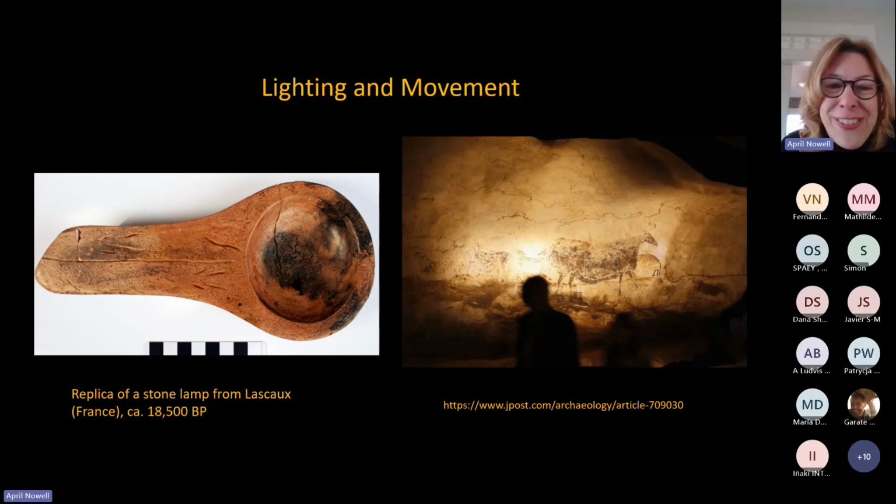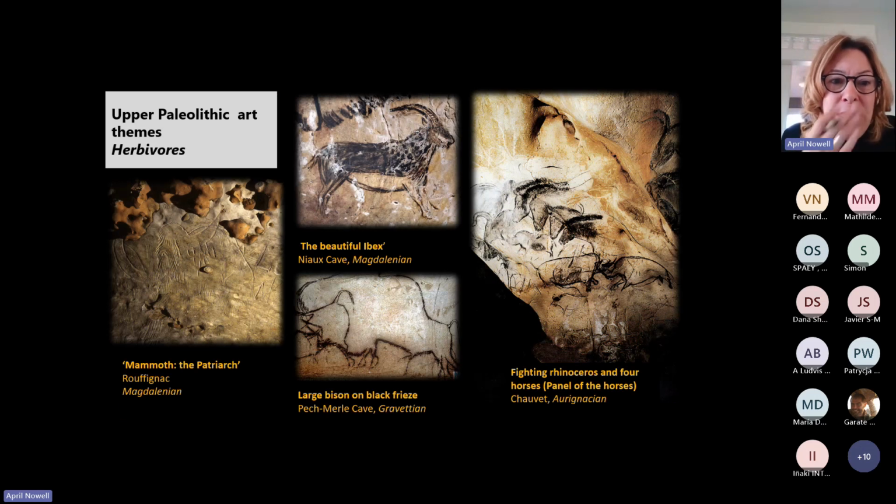They're two-dimensional, they're very flat, and we don't get that sense of what it would be like to look at them by the flickering light of a lamp or a torch or something like that. So the work that people are doing now in bringing that experience back to us is so important for us to understand how people saw the art at the time it was made.